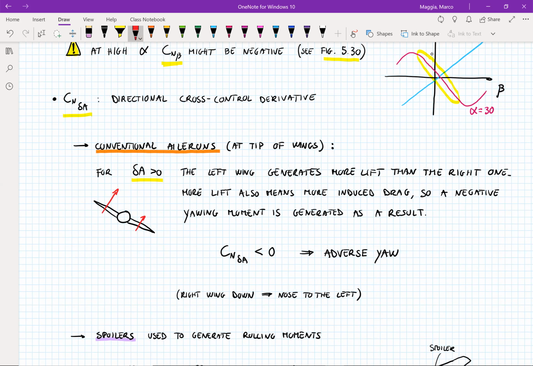But once again, more lift means more induced drag. So there's more drag on the left wing. Sorry, wrong perspective.